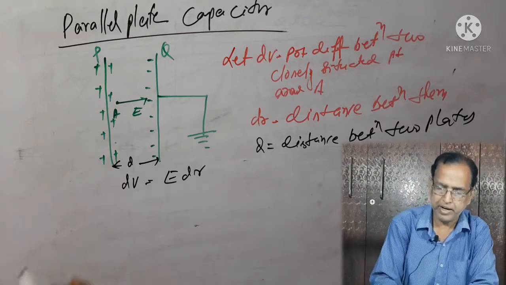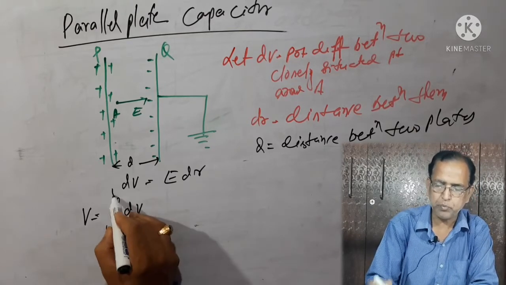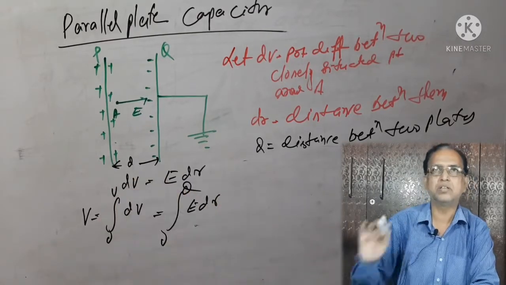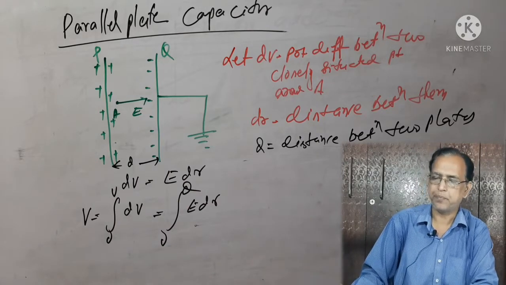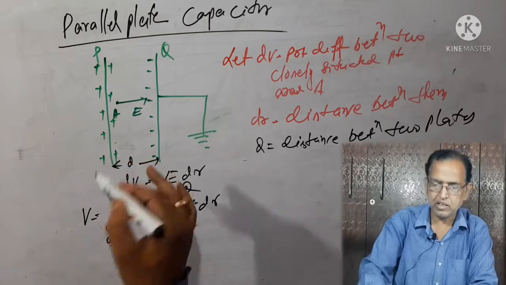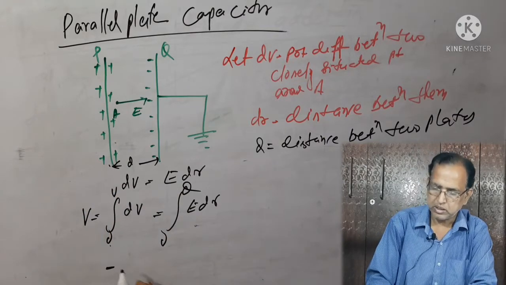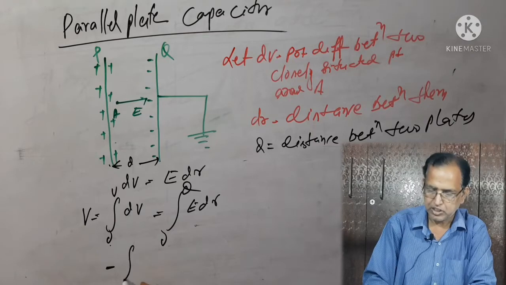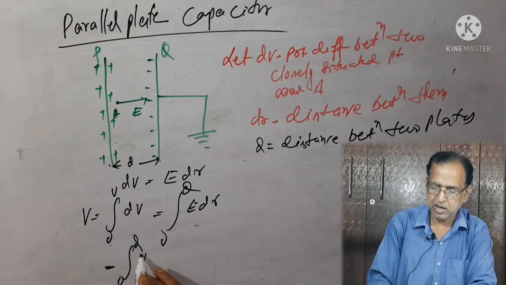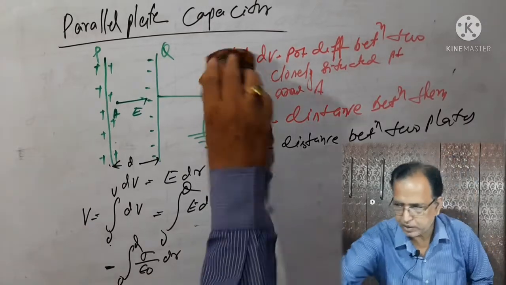For the net potential difference, V is equal to integration dV from 0 to V, that is integration E dr from 0 to d. That means at first potential is 0 and finally it is V, and distance is 0 to d. What is E? E is sigma by epsilon 0, into dr.